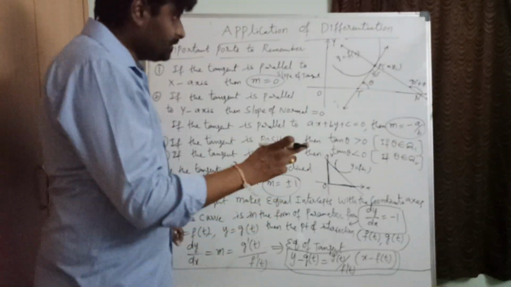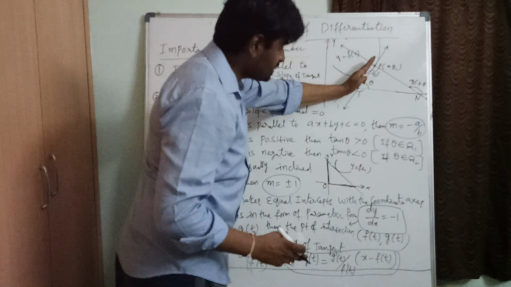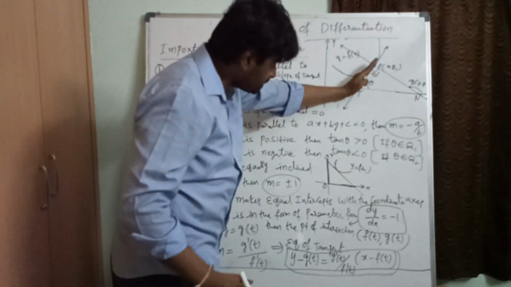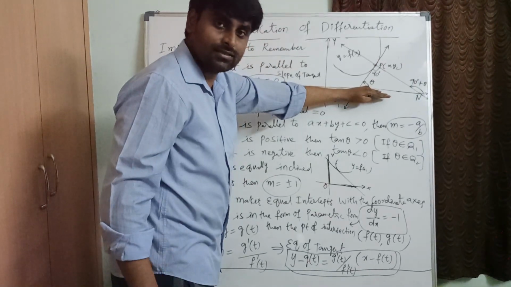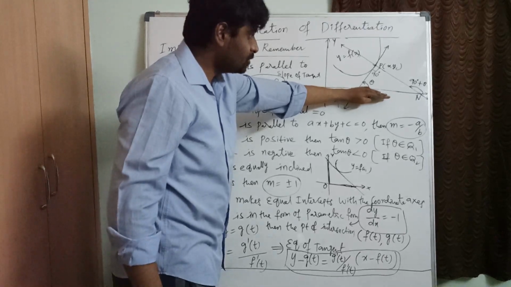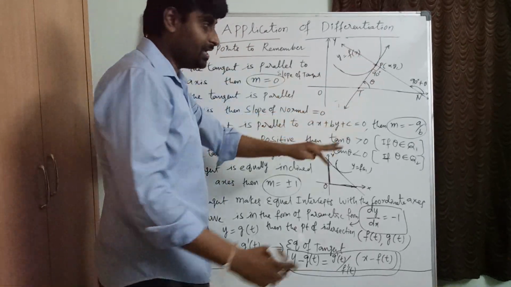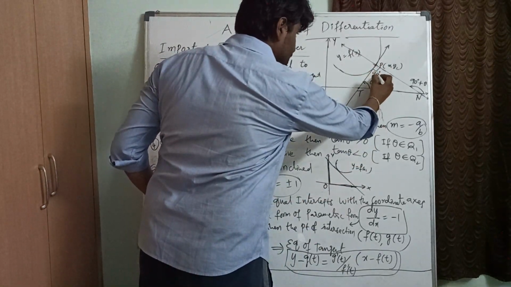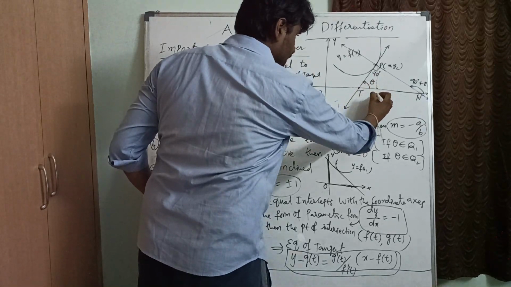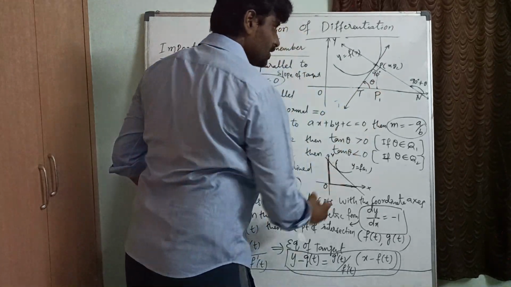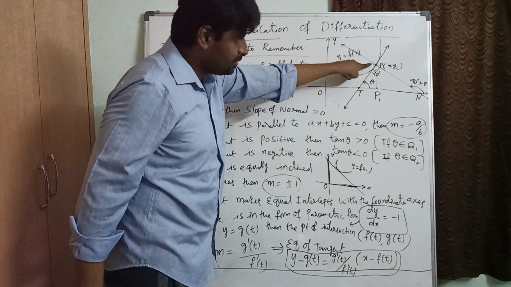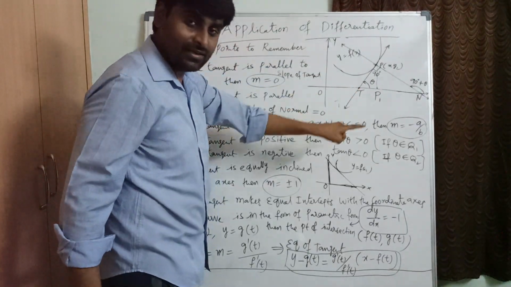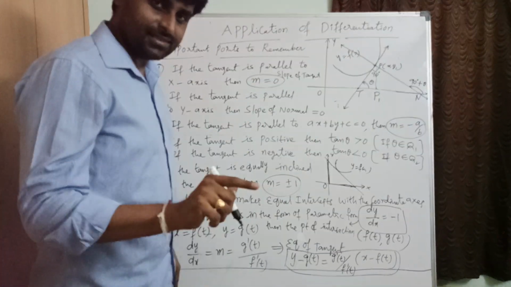Subtangent means, this is the tangent and its projection is the subtangent. Let me take the projection of P here, let me take this one as P1. So whenever TP is the length of tangent, TP1 is the length of subtangent.